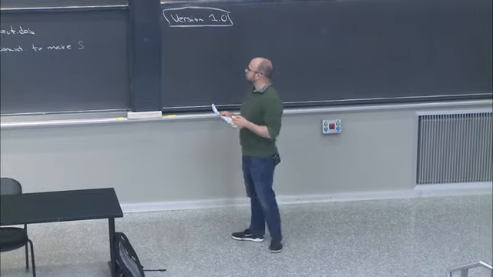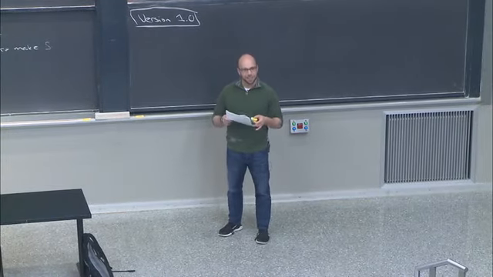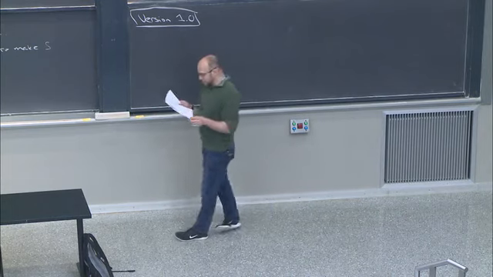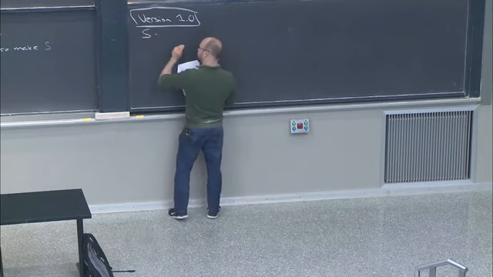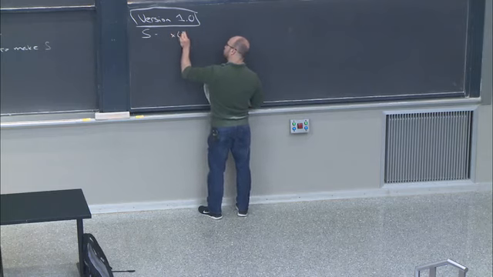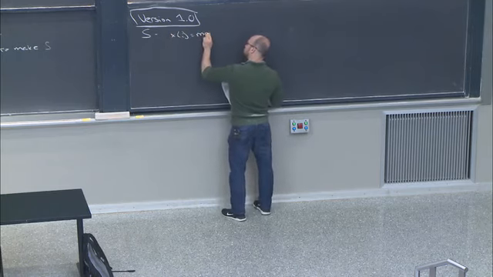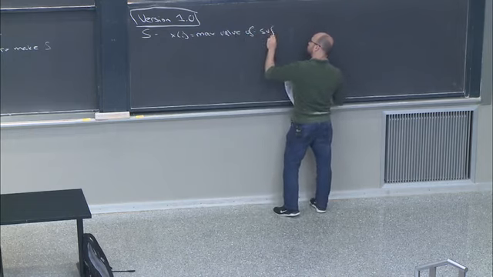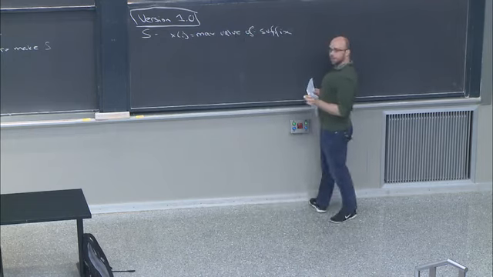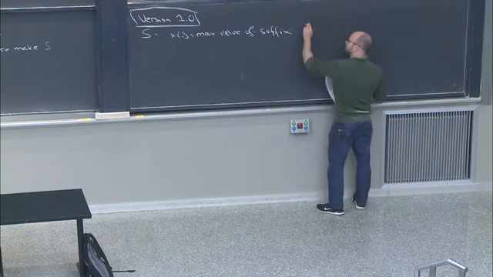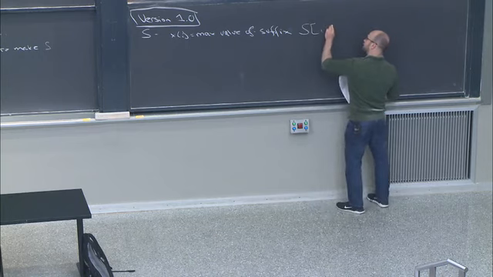So here's a sort of thing that is going to be a little bit funny, because it's going to look like we're going to have an easy computational problem, but then it's going to turn out that it's actually too slow. So in particular, what we could do is say x_i is going to be the max value of a suffix, S[i:].